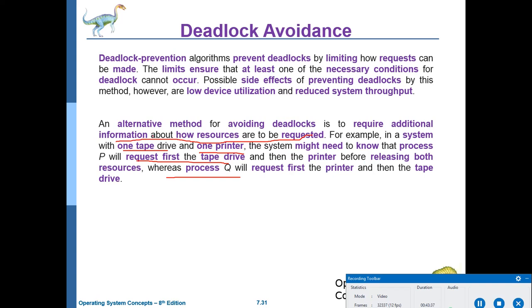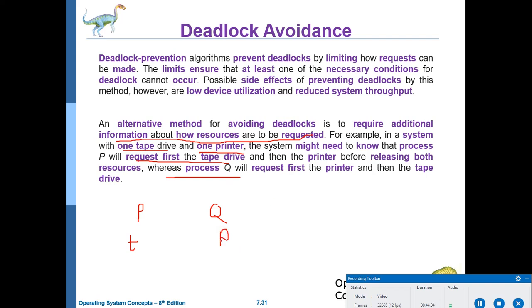So here in the example, it is assumed that there is only one tape drive and one printer, and we have two processes P and Q, and both of them want these two resources. In that case, process P should use the tape drive first, and process Q should use the printer first.